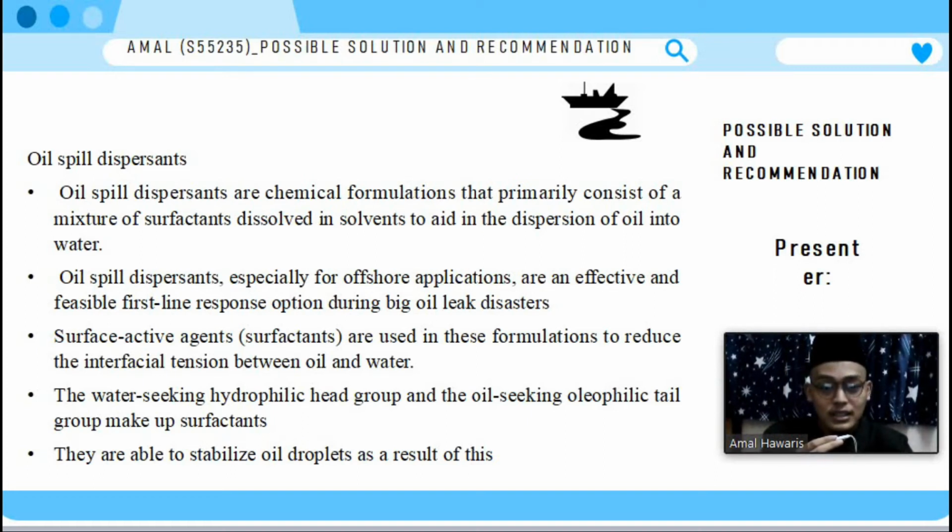Surface active agents are used in this formulation to reduce the interfacial tension between oil and water. The water-seeking hydrophilic head group and the oil-seeking oleophilic tail group make up surfactants. They are able to stabilize oil droplets as a result of this.